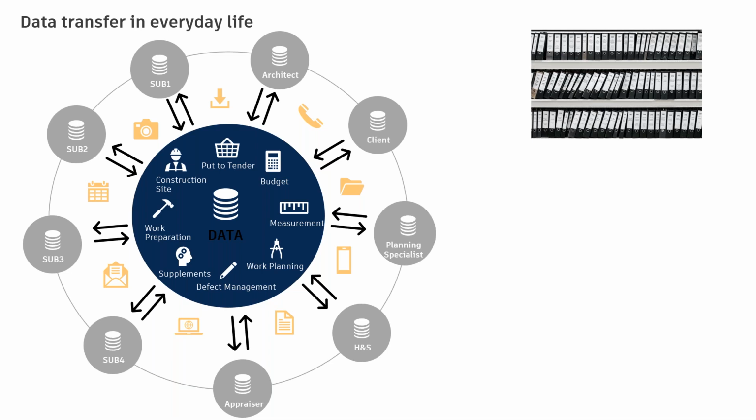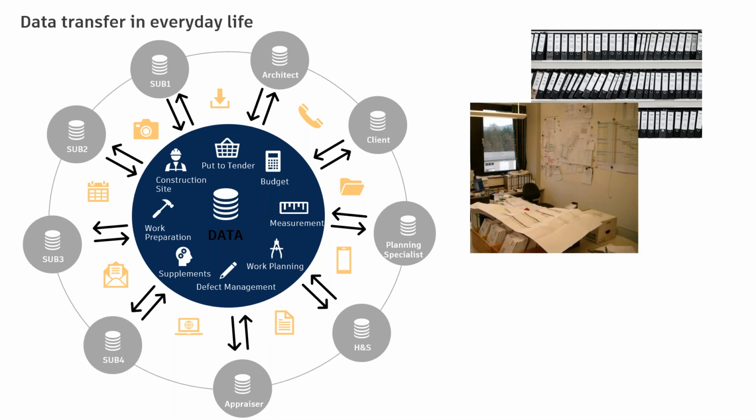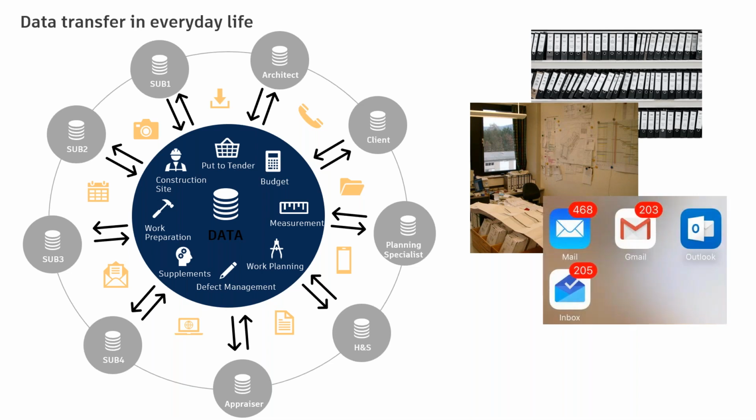That results in very manual data storage, where you have thousands and thousands of files, and a high tendency of losing all this data if you go the paper-based way. This is something you always see in a typical construction and design office, an office full of paper.